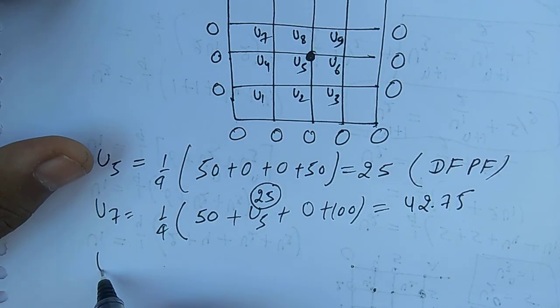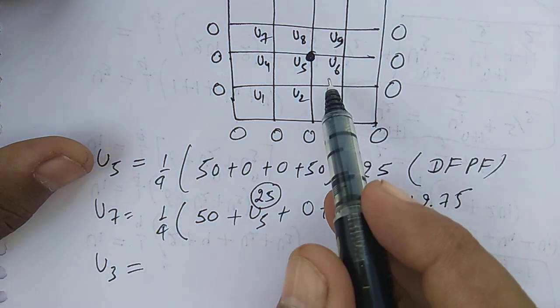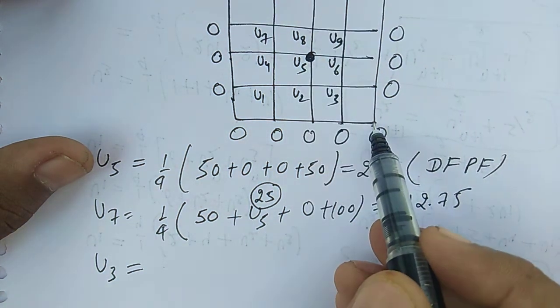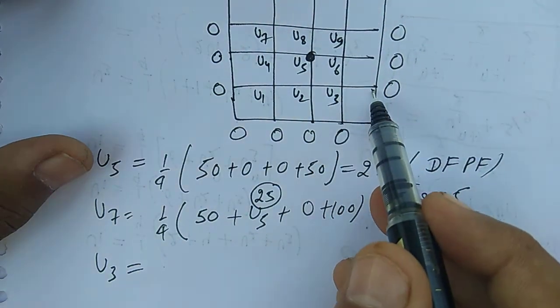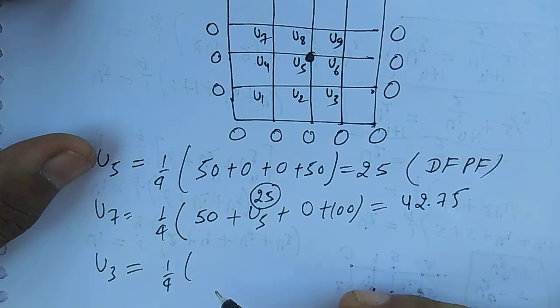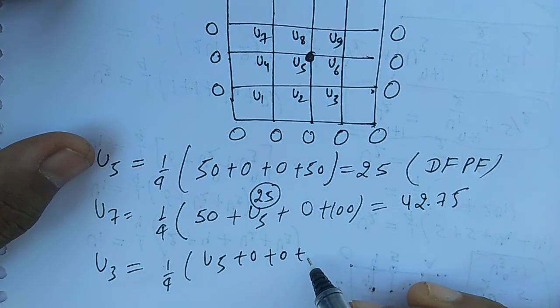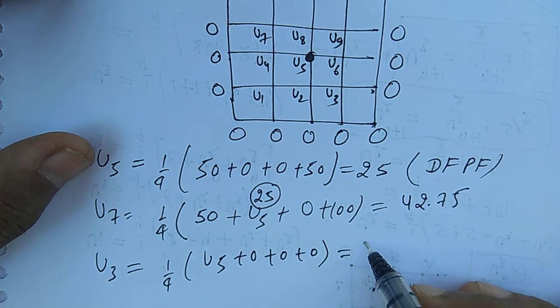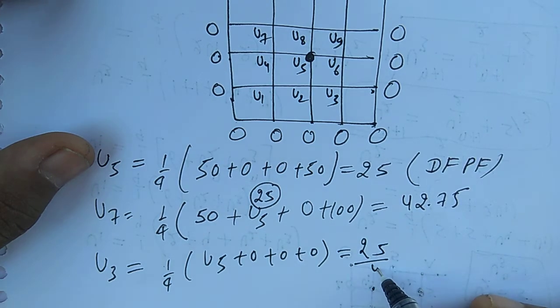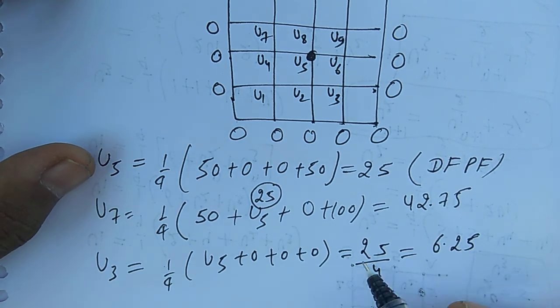Now if you find u3, for u3 we need 1 by 4 of u5, 0, 0, 0. So u3 equal to 1 by 4 of u5 plus 0 plus 0 plus 0, which gives 6.25 for u3.